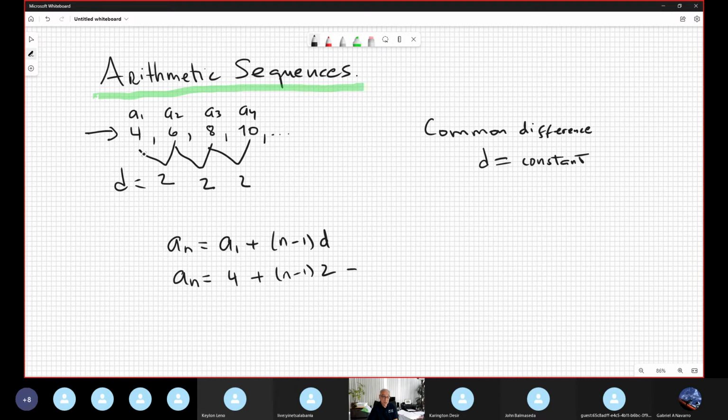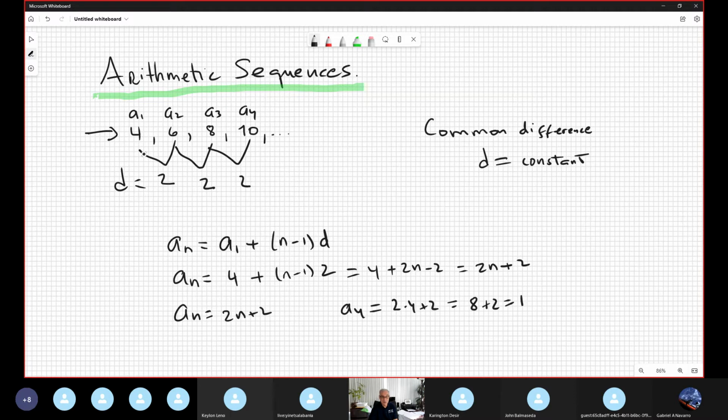So you manipulate a little bit of algebra here. 4 plus 2n minus 2, so 2n plus 2, because 4 minus 2 is 2. So the A sub n specific formula for this arithmetic sequence is 2n plus 2. Suppose I want to evaluate A4. It's 2 times 4 plus 2. 2 times 4 is 8 plus 2 is 10.